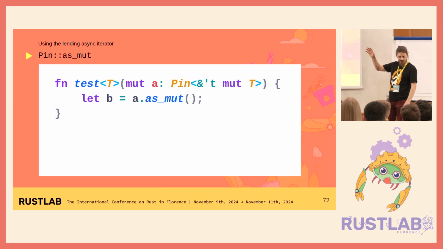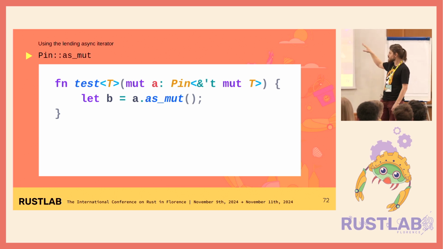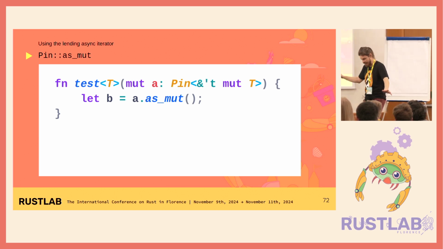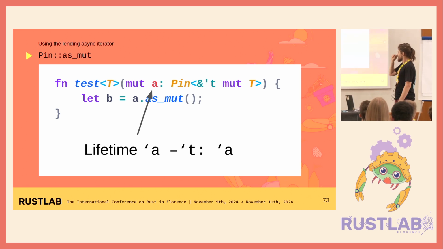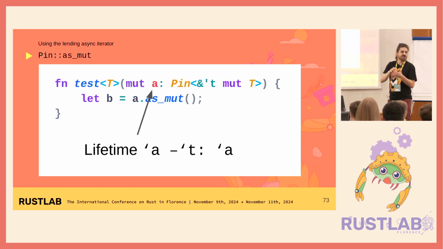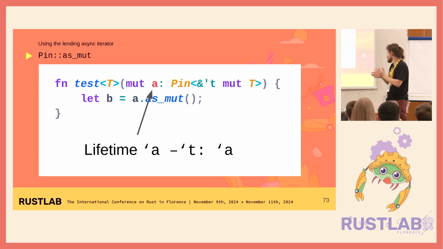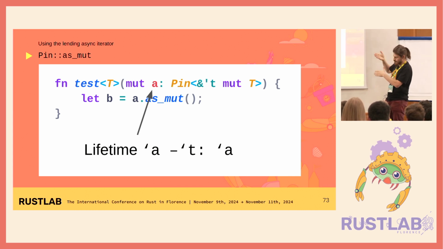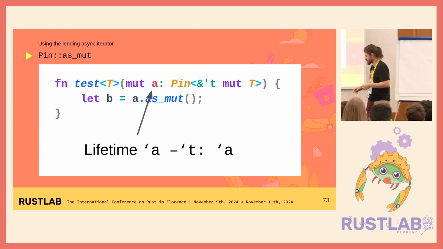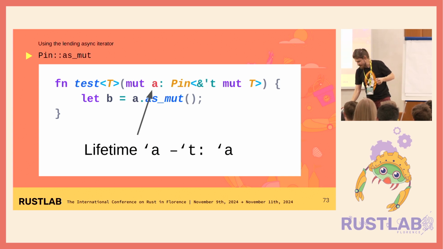And we just try to define b using a.as_mut, okay? a has an intrinsic lifetime, obviously, like anything. We just define it as 'a because it's simple. Remember that 'T must outlive 'a because 'T is something elsewhere, not here, in another castle.